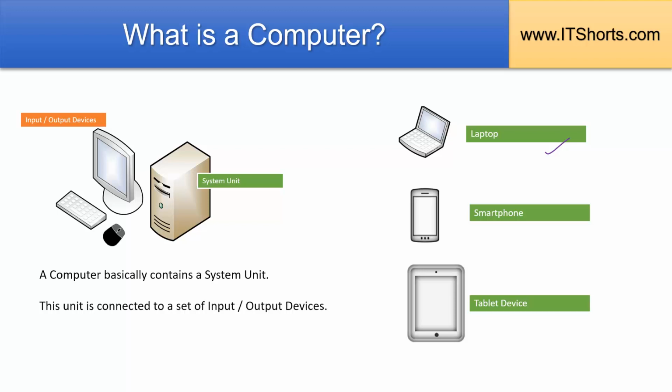Your smartphone, such as iPhone or Android phone, is a computer. Its screen acts as both an output and input device. We use the touch screen to input our commands to the smartphone. The same applies to tablet devices such as Apple iPad or Microsoft Surface. Point is, all these devices have an equivalent of system unit inside.